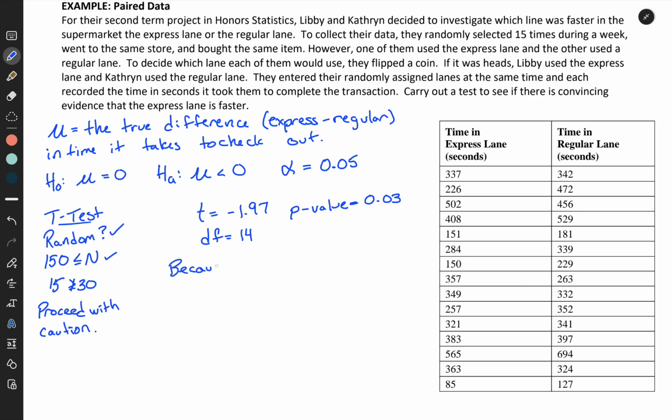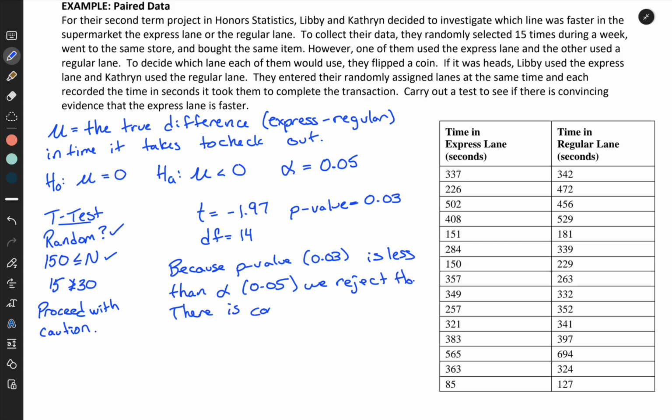We are going to say that because our p-value of 0.03 is less than our significance level of 0.05, we would reject our null hypothesis. In other words, there is convincing evidence that the express lane is quicker.